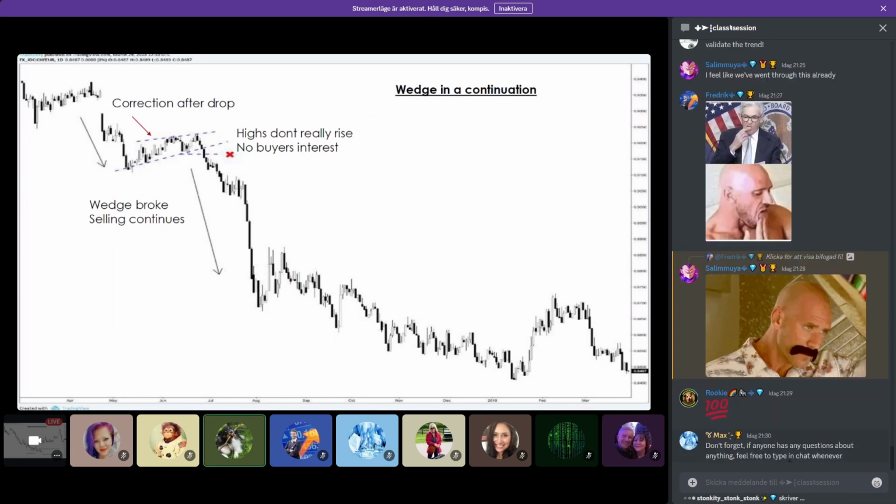He uses quite radical charts in the books, but that's good. So we can see how the downtrend continues. So that's another reason to watch out with a wedge, because there is never any guarantee that a pattern will play out, and that's why you don't jump in too quick. Once again, we have the X here, where we can see that the highs are not rising.